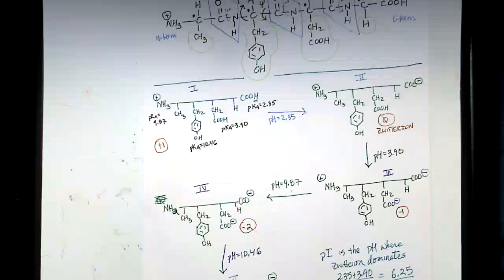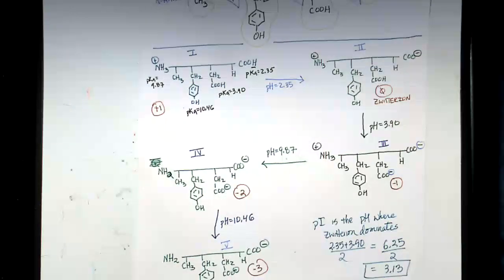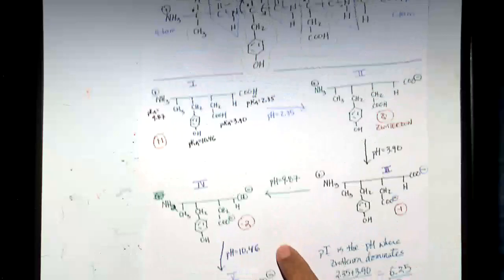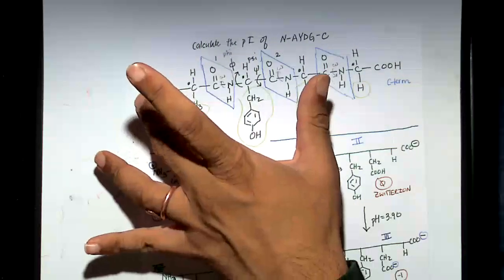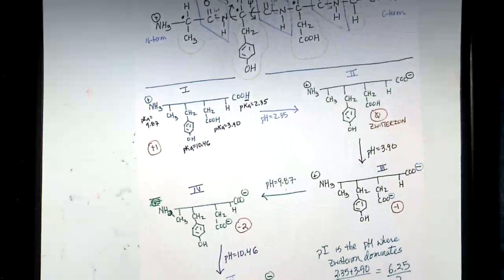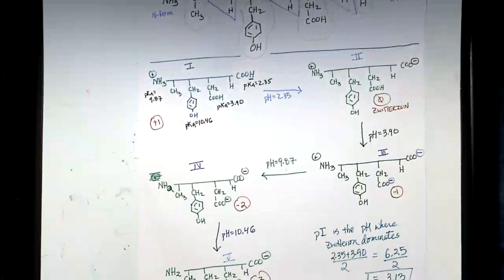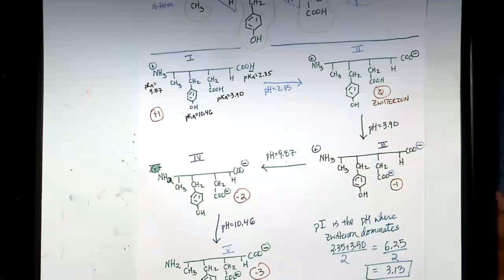You can just draw it like this, because the backbone does not have any pKa's. Just the N terminus and the C terminus have them. All right. Any questions? Okay. So make sure you're confident and good enough to do it, at least for the exam.